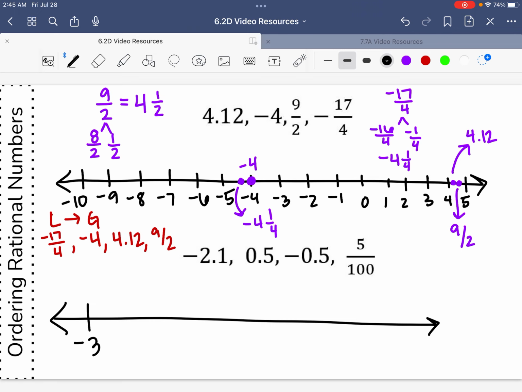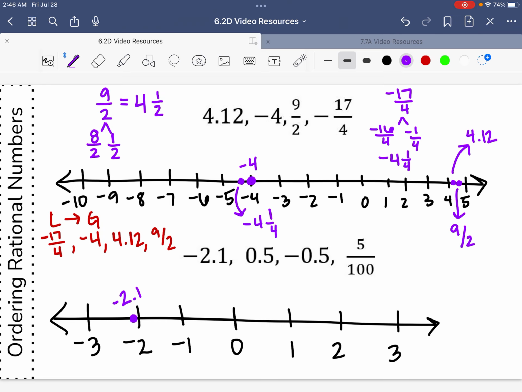So I'm going to start at -3 and go up by 1 each time. The first number that I'm going to graph is -2 and 1/10. It's more negative than -2, so it will fall in between -2 and -3, but it will be very close to -2.